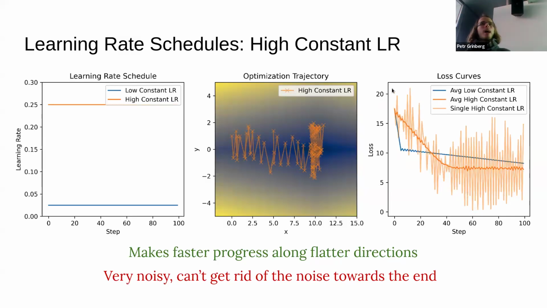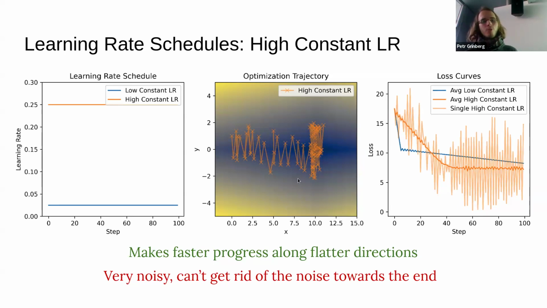If you use a high learning rate, you make progress faster, so you can go to a low loss value very fast. But the problem is that when you get close to the optimum, or somewhere earlier, you will just always jump from one position to another, and you won't have any ability to actually make your loss smaller. If you go here, you will jump here, and you can go back and forth.